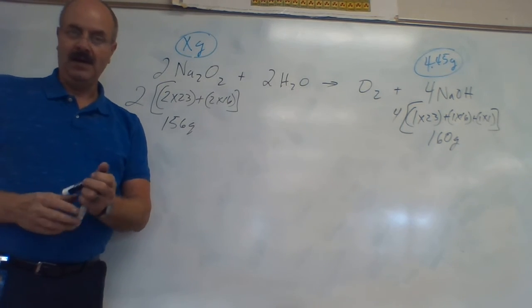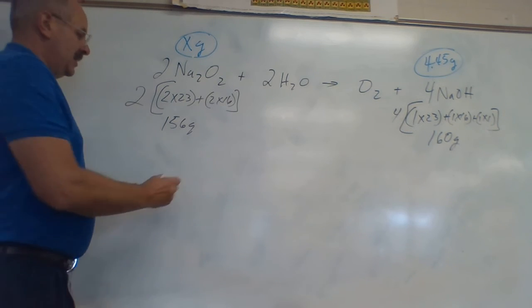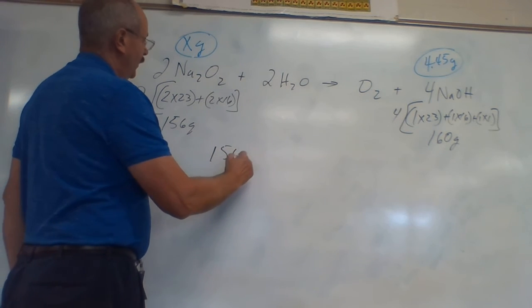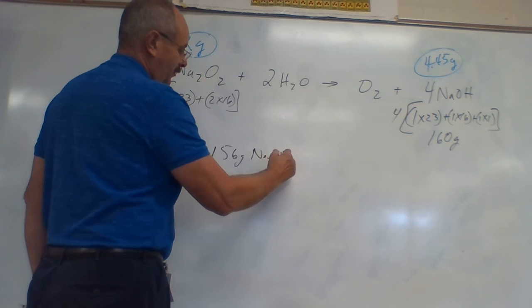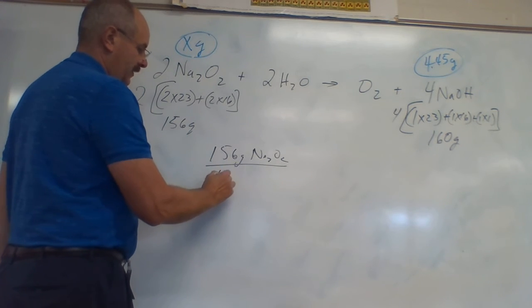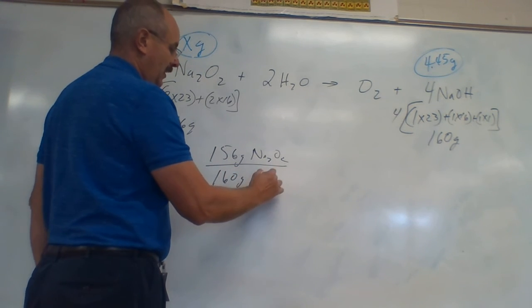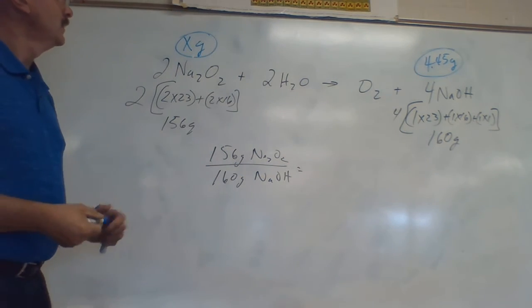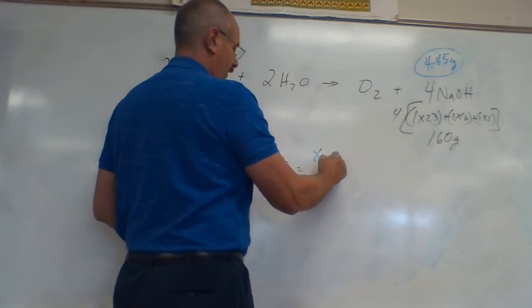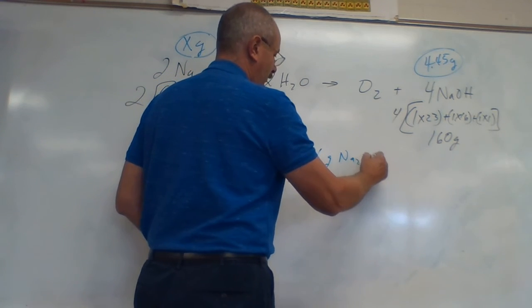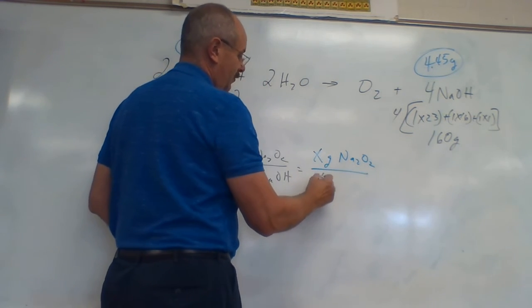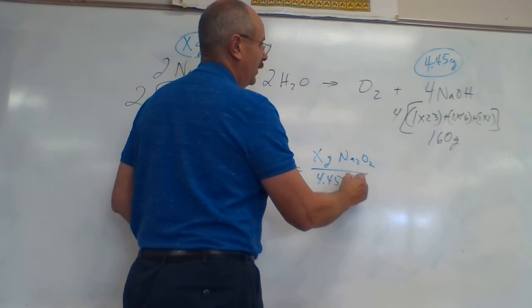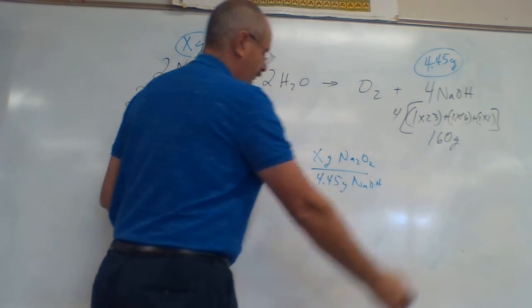Right? So I've got to set up my ratio: 156 grams of Na2O2 will make 160 grams of NaOH. That came from the balanced equation. Well, now I want X grams of Na2O2 to make 4.45 grams of NaOH.